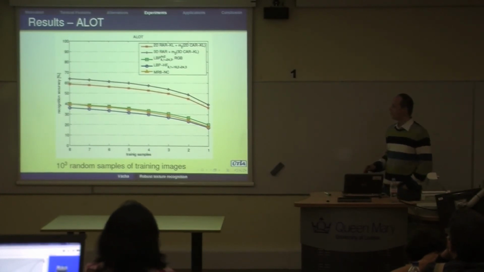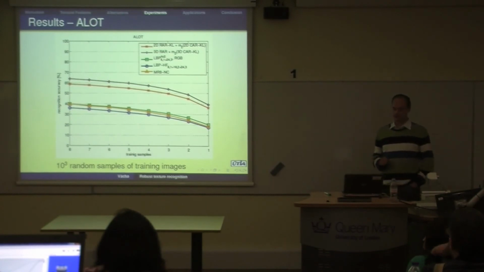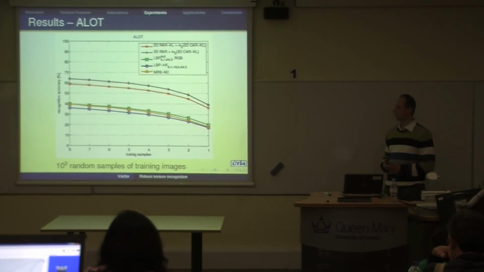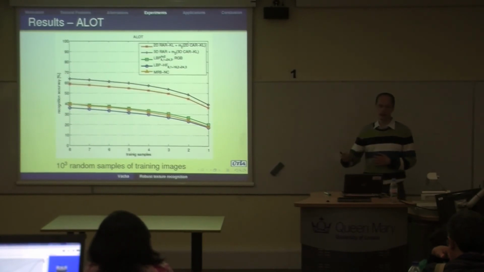Well, why are the results not better? At first, there are more than 200 classes, which is always a difficult problem. Then the training data have less variation than the test data, so the features need to extrapolate or be really invariant.